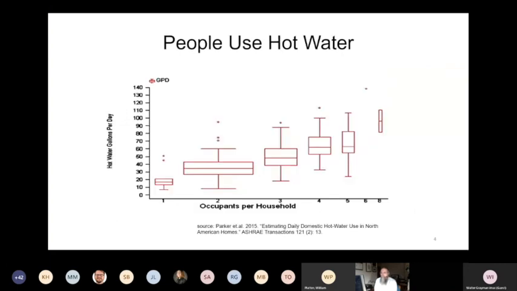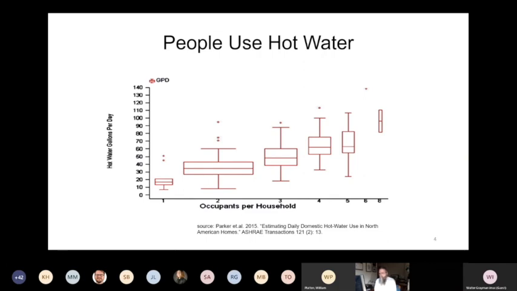I'll stress this again, it's the people that use hot water. If you don't have people in the house, you really don't expect to see any hot water. You may see some cold water if they have an automatic irrigation system or something automatic. But without people, you should see zero. With one person, you'll see about 15 gallons per day.